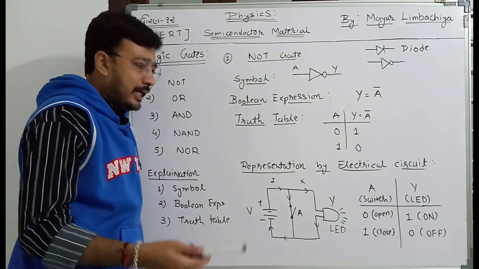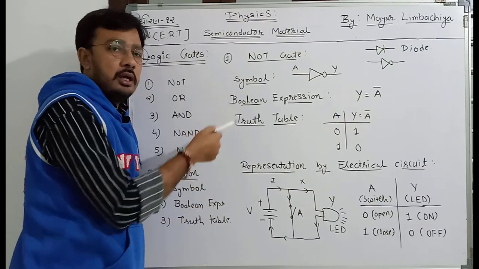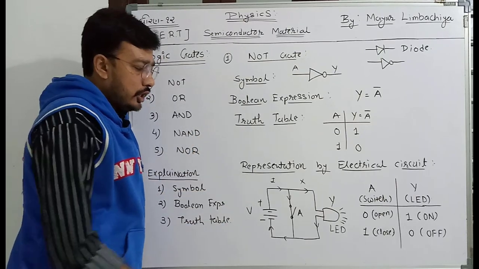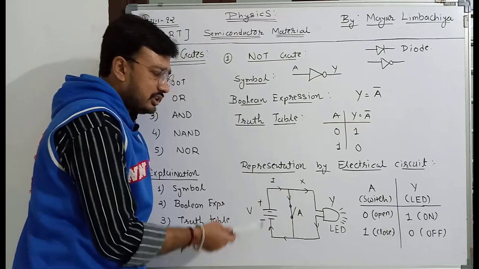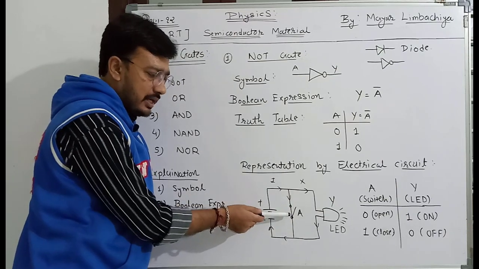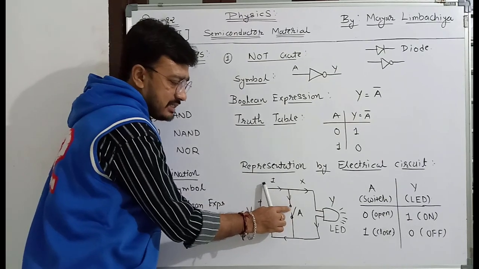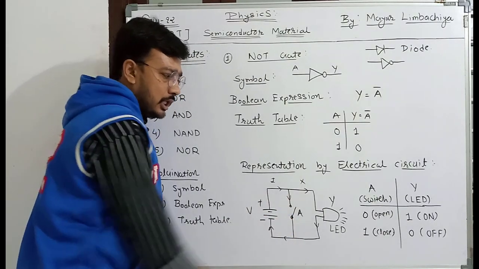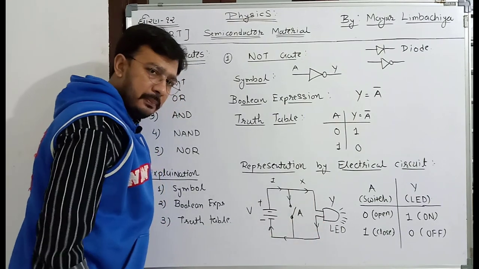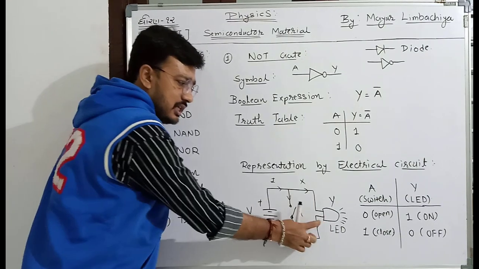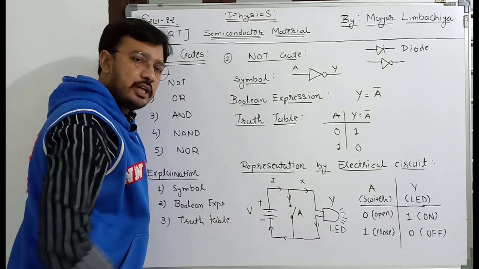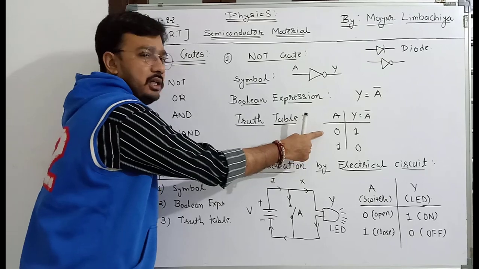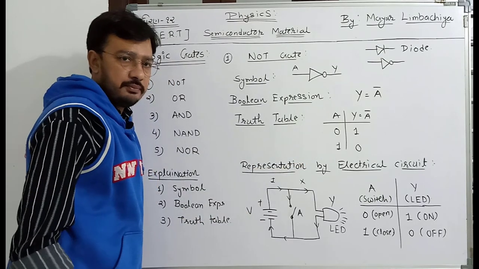So how can you explain the working of this gate with the help of an electrical circuit? To represent that, I have taken a voltage source and one switch. The switch acts as an input, denoted by A. The third part is an LED, which acts as the output in this scenario. We are going to explain the truth table with the help of this electrical circuit.